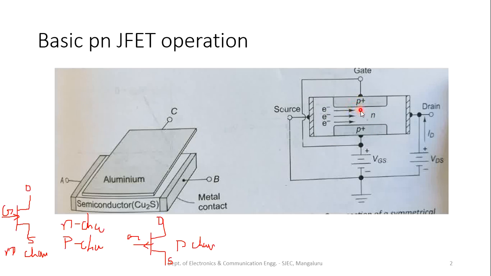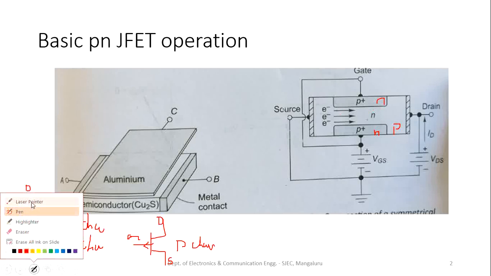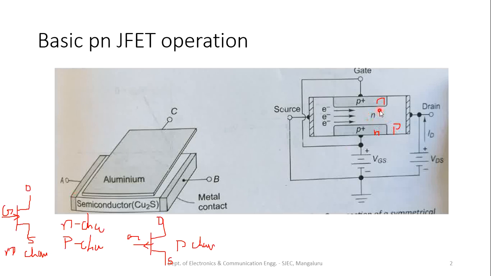Here in the P channel, the channel will be a P type semiconductor material, and we will have N type semiconductor material on either side. The channel is made up of P, hence the name P channel. Right now the channel is N, hence the name N channel junction field effect transistor.